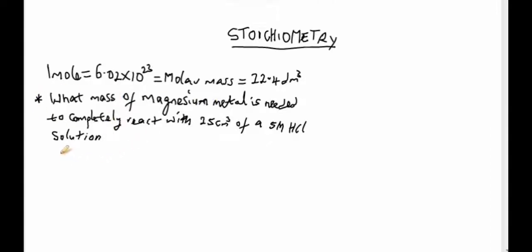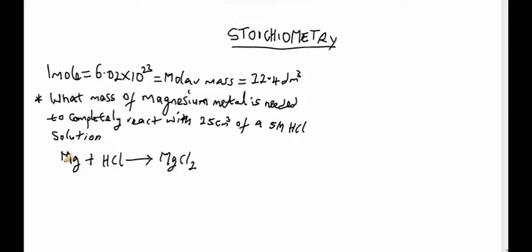From the reaction, we can write the balanced equation: magnesium reacting with hydrochloric acid to give magnesium chloride.